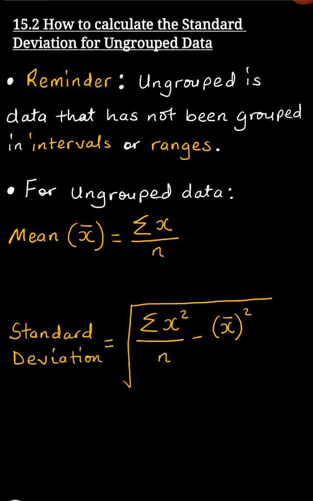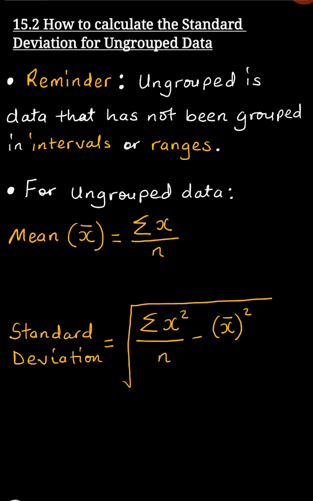Now, when it comes to the calculation of standard deviation, these are the things that I would like you to understand. Firstly, you must learn how to calculate the mean for ungrouped data.